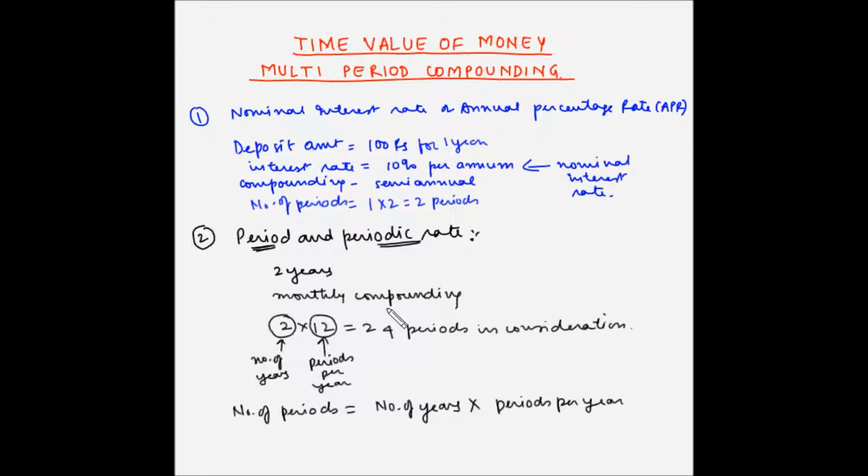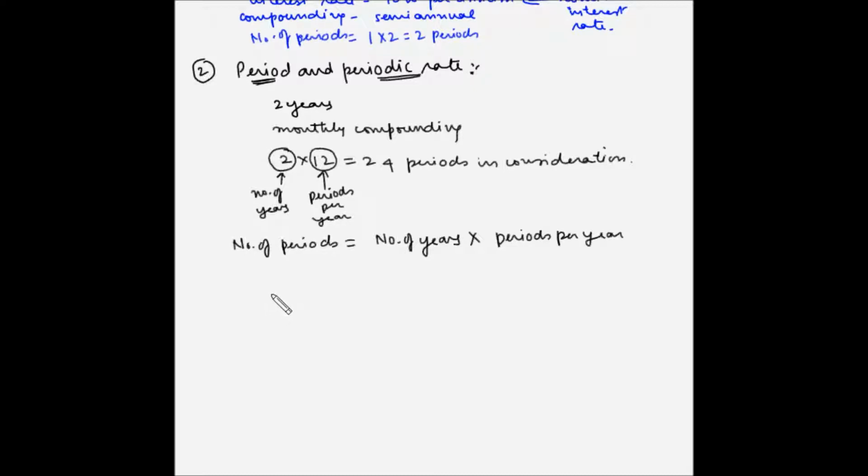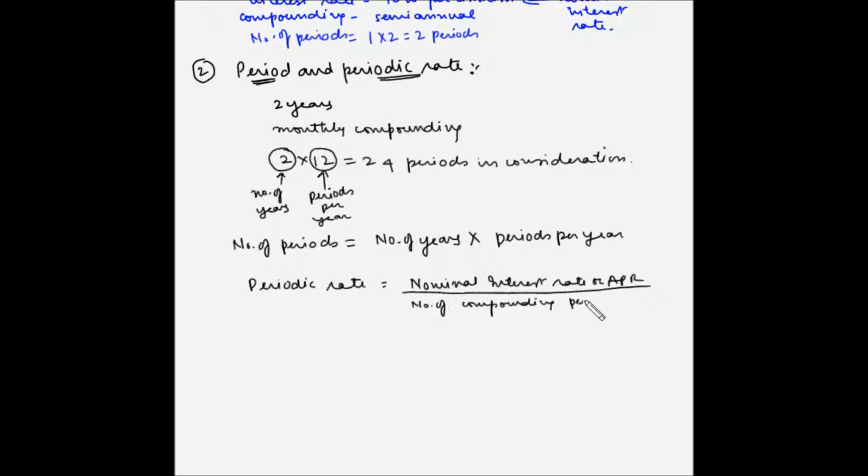It can be rate per year, per 6 months, per quarter, per month, etc. So the periodic rate can be defined as nominal interest rate or APR divided by number of compounding periods per year.